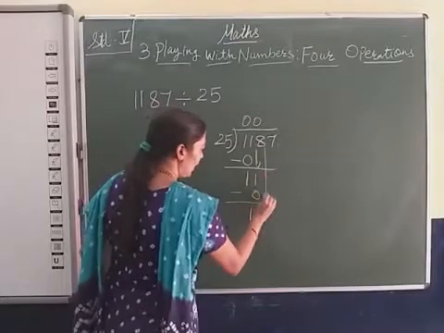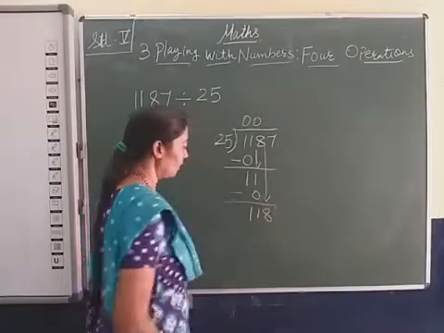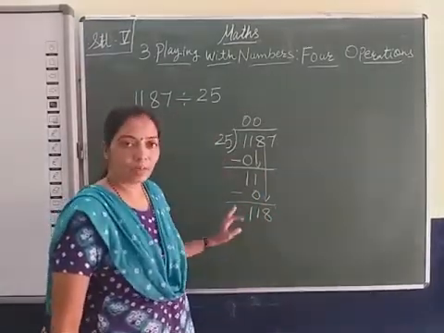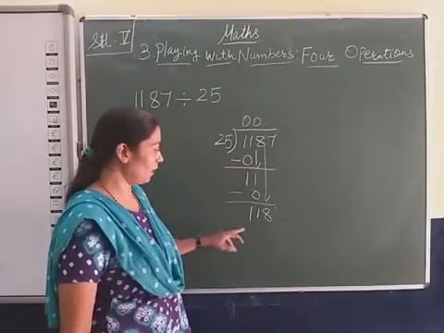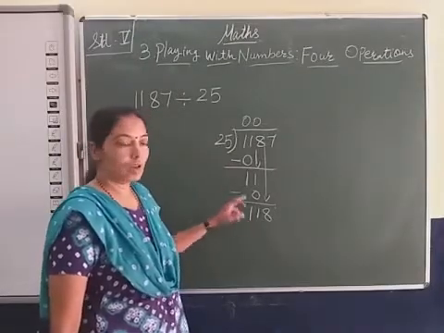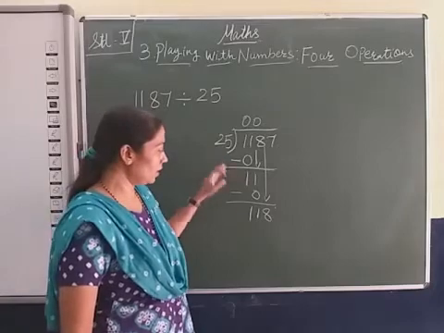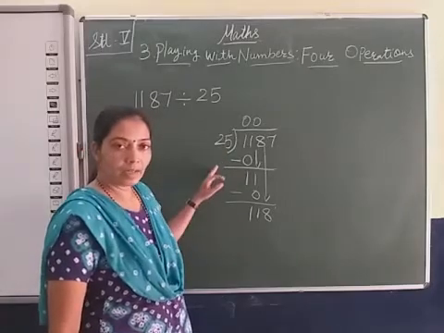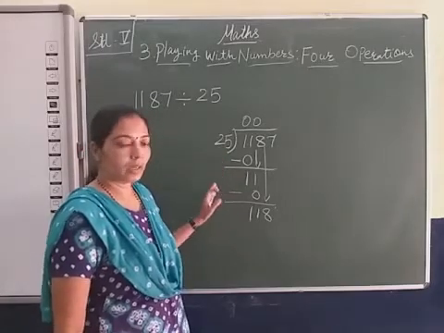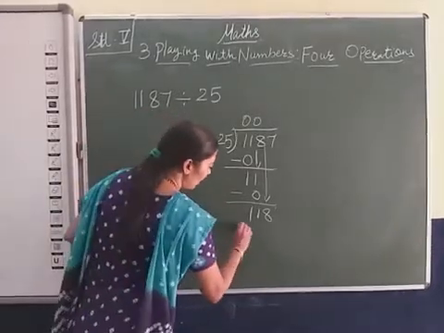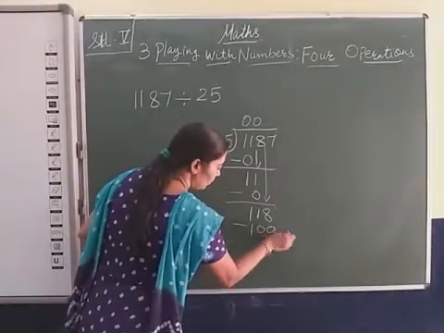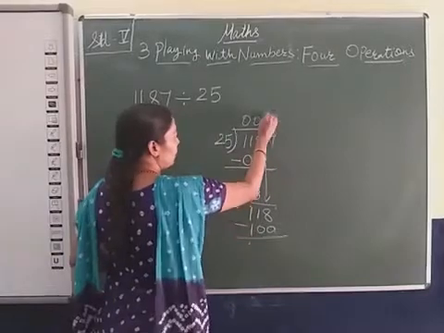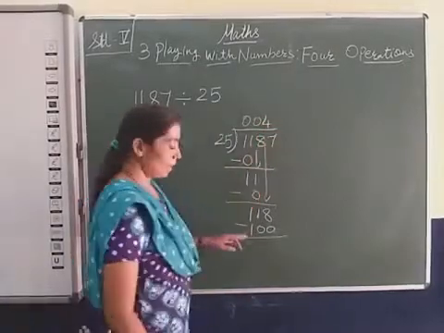Now we take 8. Yes, so now it is able to divide by 25 because 118. So how? In the 25 table, 25 fours are 100. So it is able to divide. So 25 fours are 100.